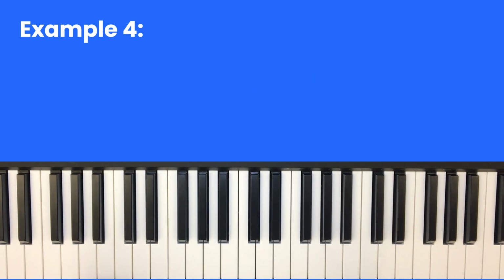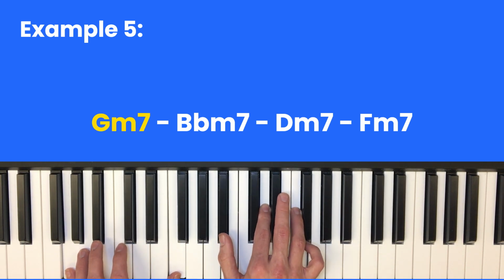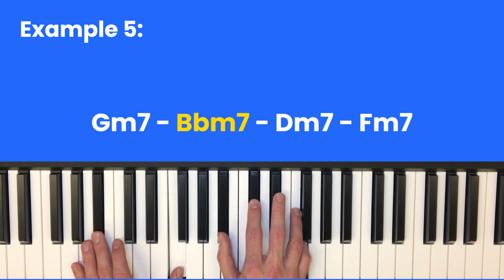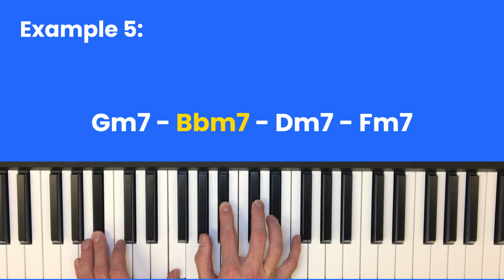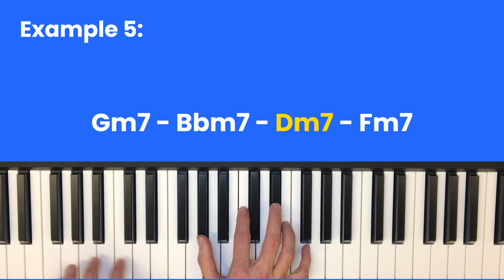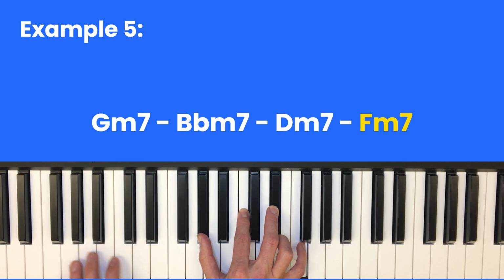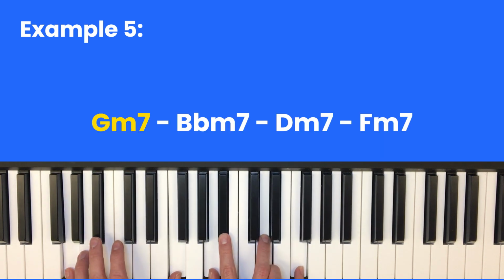Let's make them all minor 7th chords and see what that sounds like. So that's G minor 7. Interesting that we can keep that F in the top throughout the whole form. So we can go.